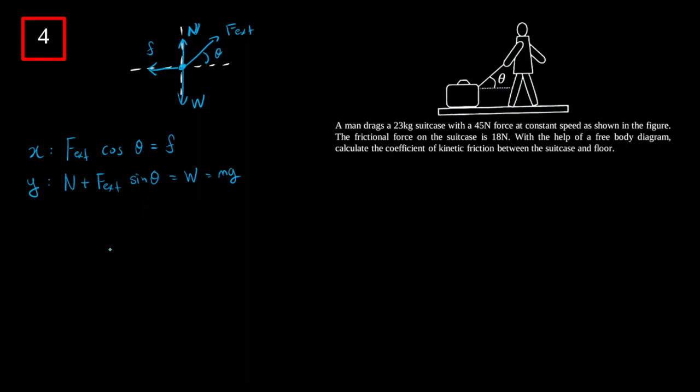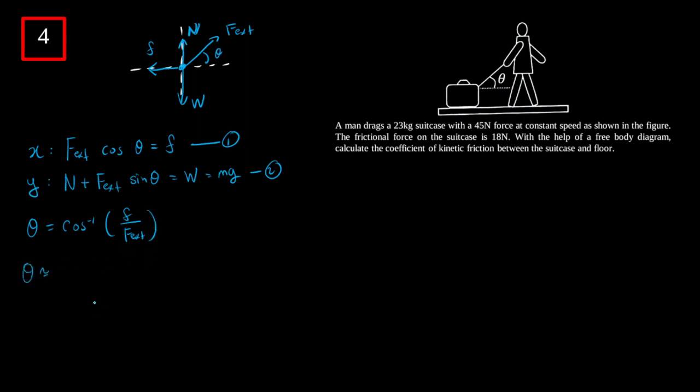First and foremost, I'm going to calculate the angle. The angle is going to come from the first equation. Calculating theta from the first equation, I'll get the arc cosine of F over F external, the external force.